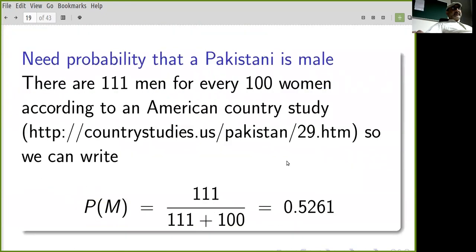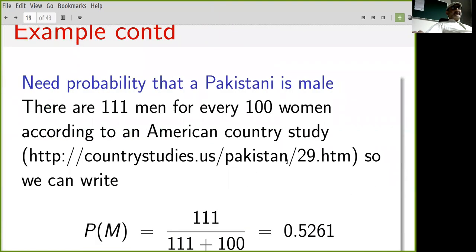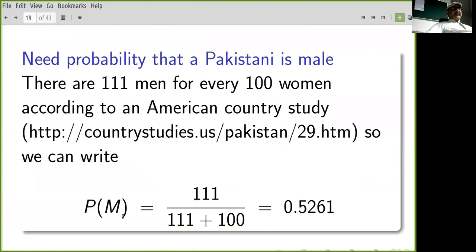Okay, so if you look at the country studies book, we find that there are 111 men for every 100 women, according to an American country study. So we can write that the probability that an adult Pakistani is male is 111 out of 111 plus 100, and that's 0.5261.